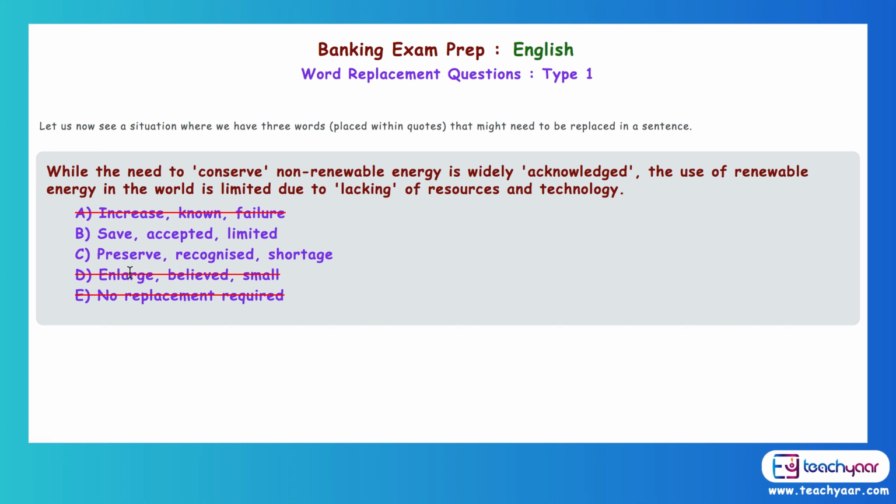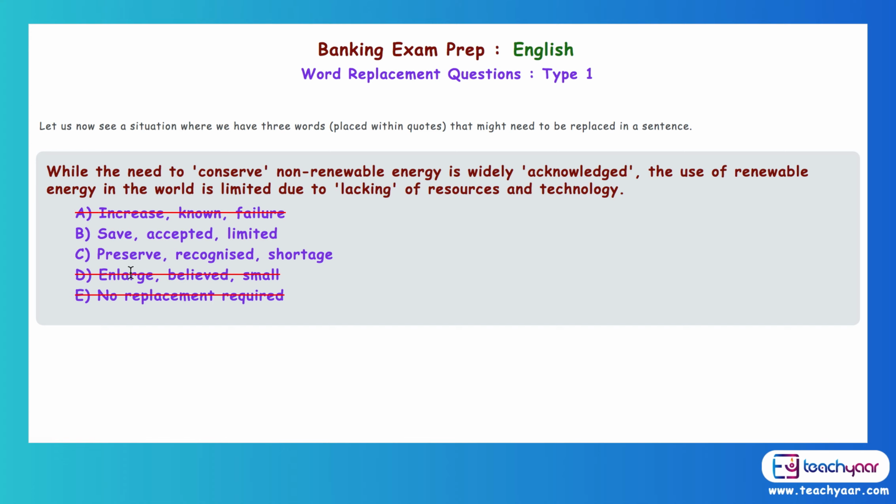So both are okay. So we are still left with 2 options. We move on to the third. The use of renewable energy in the world is limited due to lacking of resources. Instead of lacking, what is the option B? Third word, limited. Due to limited of resources and technology.